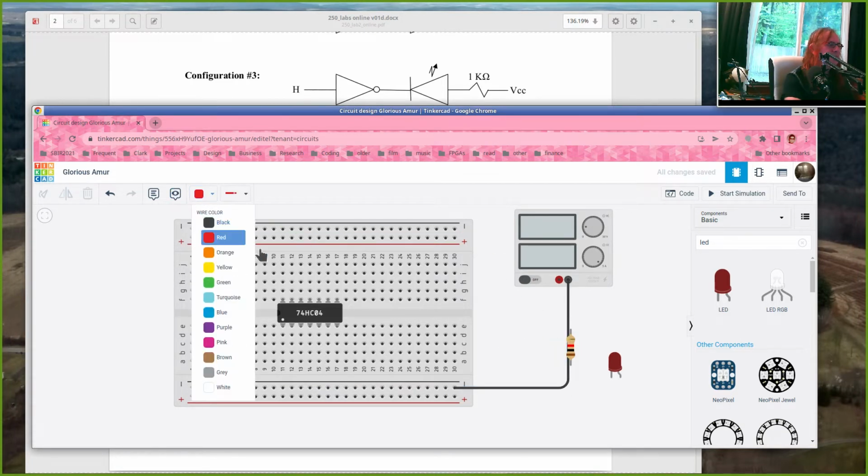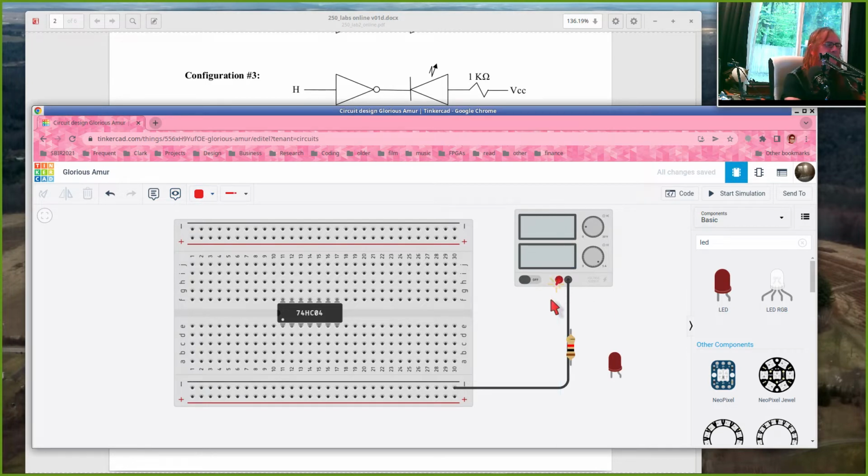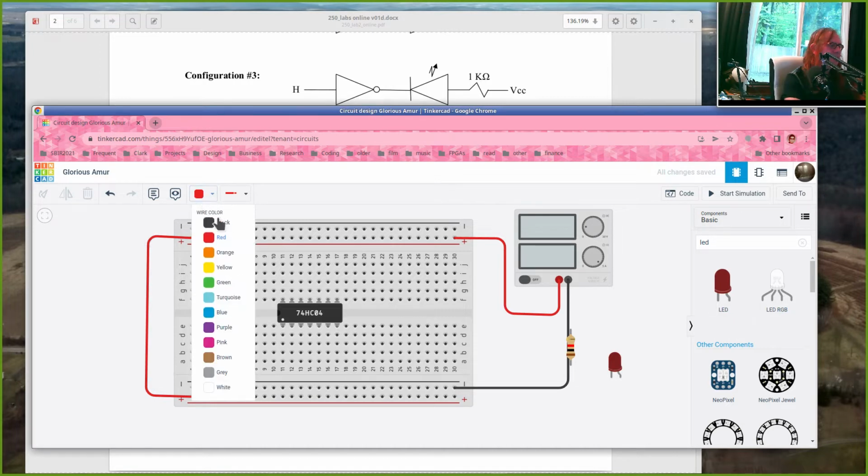And I'll stick with red for power. Come across like that. And then I'm going to make power available on both the top and the bottom of the protoboard. Like that. And then I'll do the same thing for ground.